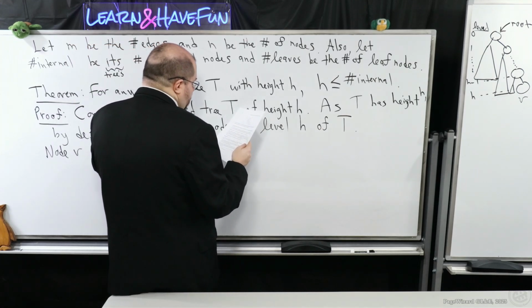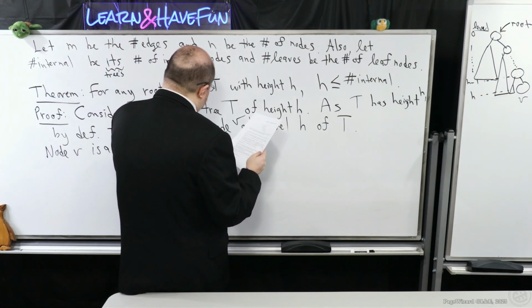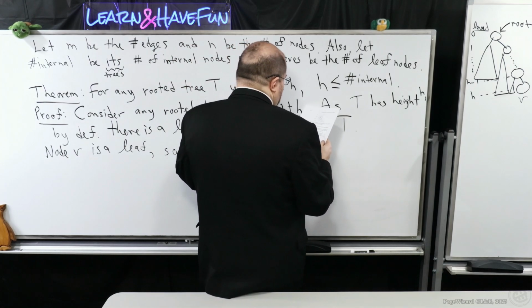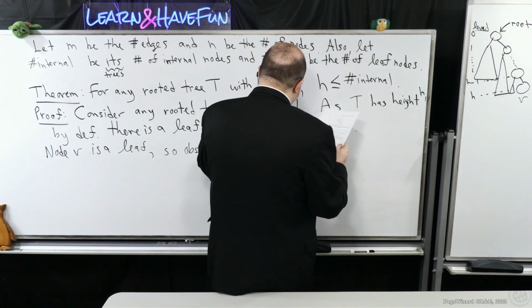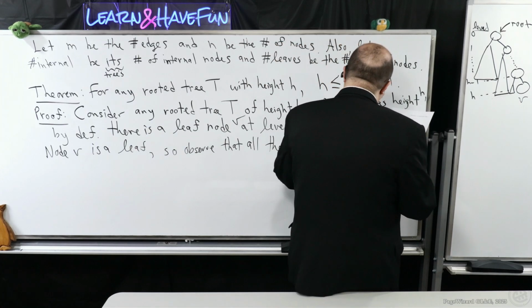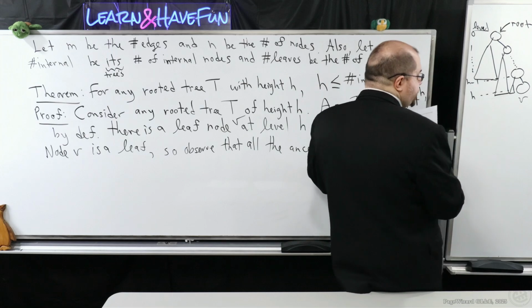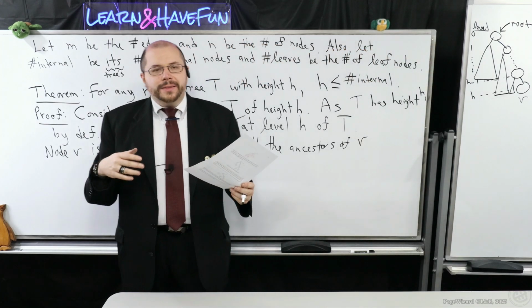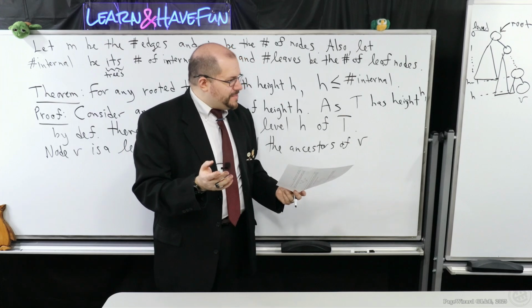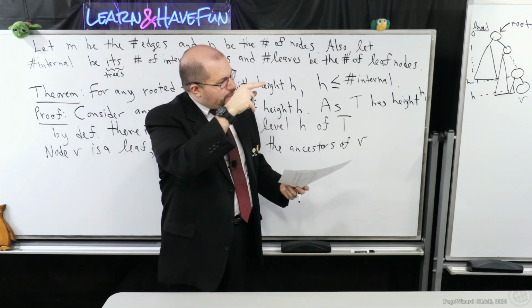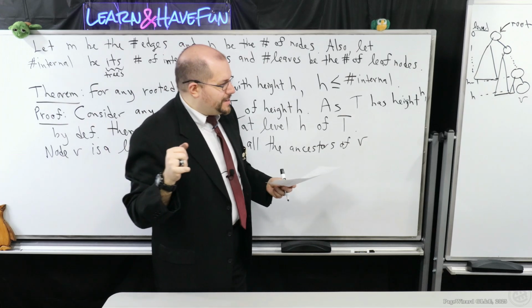So observe that all the ancestors of V, what can you say about all the nodes that are ancestors? Most certainly you think of this like a family tree, for example, you would agree with me that the root would be the furthest most ancestor back, right?